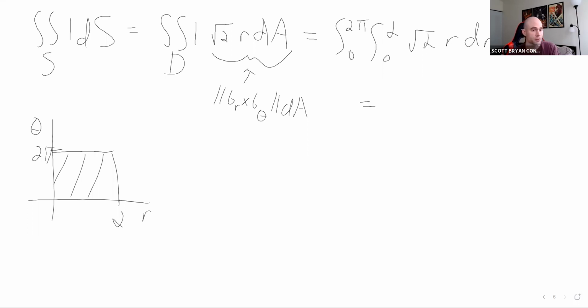So this is a very straightforward integral. When we do this, we get 4√2 pi for the surface area.